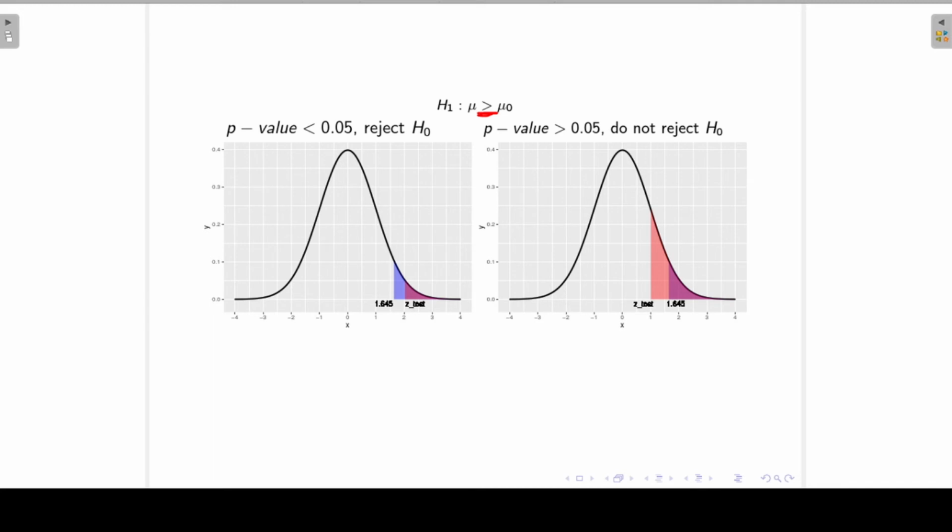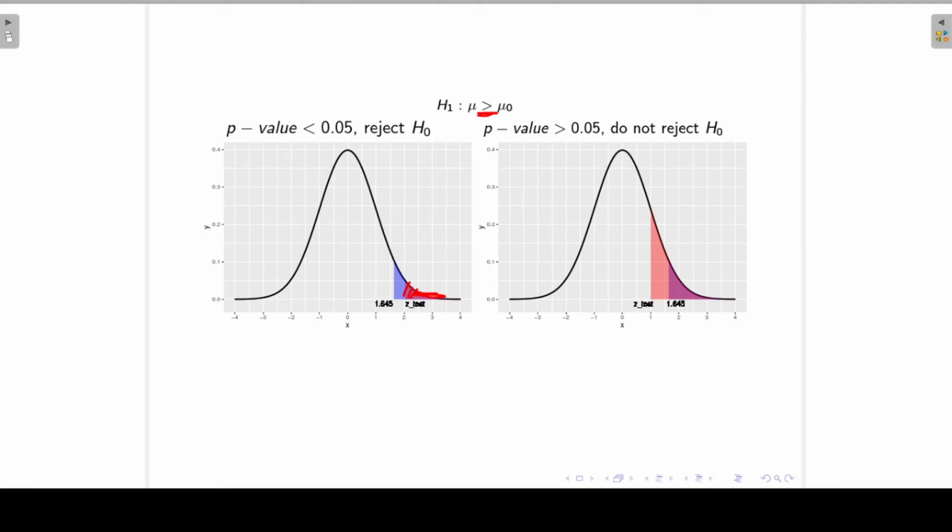If my test statistic lies to the right of 1.645, then the p-value will be that red area, and the p-value is then less than 0.05. By implication, my test statistic falls in the rejection region, and therefore we will reject the null hypothesis.